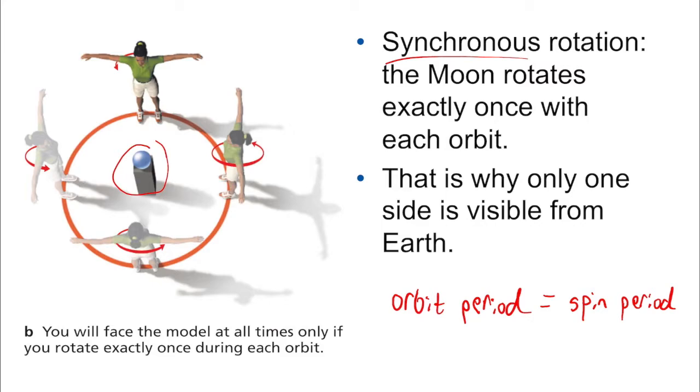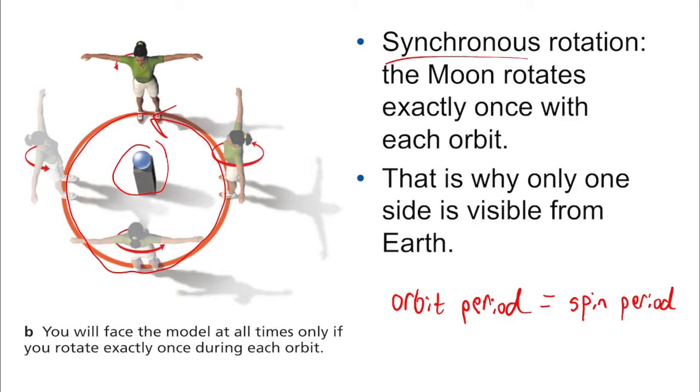If they spun a little bit faster, then they'd end up sometimes showing and eventually showing their backside to the pillar. If they spun a little bit slower, then they would end up showing their backside to the pillar. But if they spin at exactly the rate that it takes for them to make a full circle, then they'll never show anything but their front side to the pillar. And that's what the moon does.